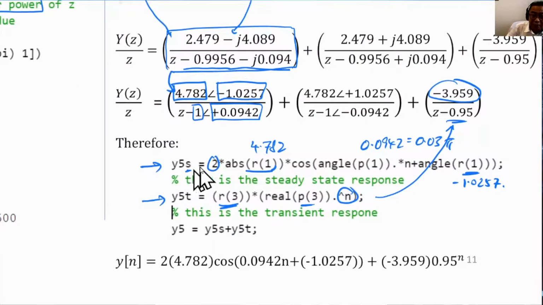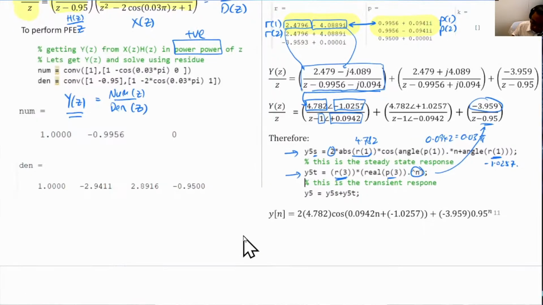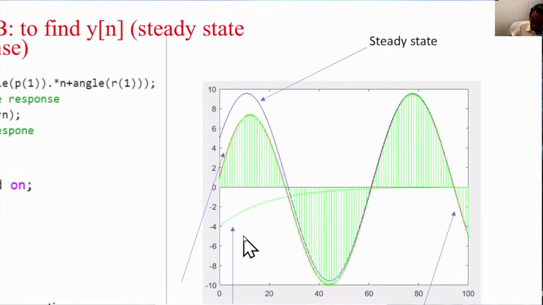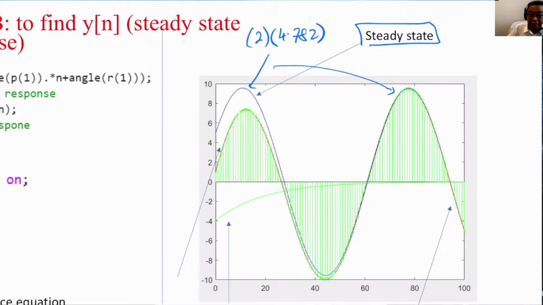I plot the steady state and the transient as well as the sum. Okay, let's see the figure on the next page. The steady state is a cosine of 0.03 pi and its amplitude is 2 times 4.782, so it's up to about 9.5 here.